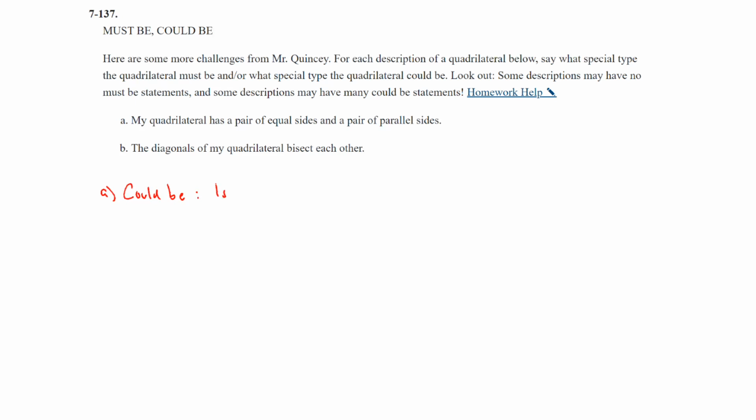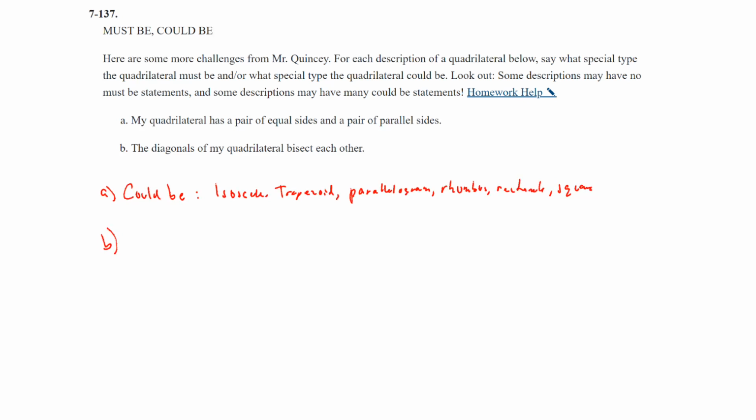And so once again, it could be a trapezoid, but it would have to be an isosceles trapezoid. It could also be a parallelogram. And then kind of going down from there, you could be a rhombus then, a rectangle, or a square. So a lot of could be's on that one, but no musts.